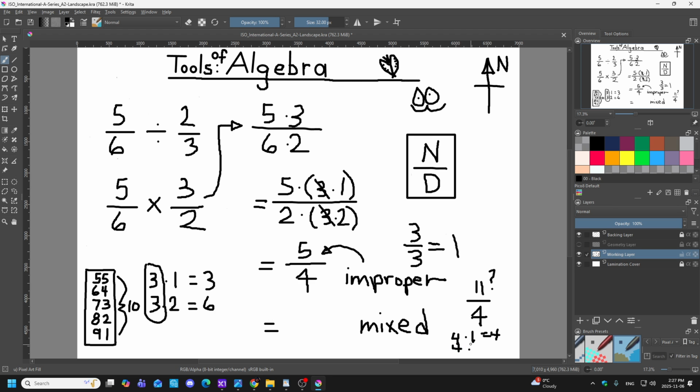If we go 4 times 2, we get 8. We're getting closer to 11, right? If I go 4 times 3, that gives us 12, correct? That's too much. 12 is greater than 11, okay? So, for this example, I would be putting 2.